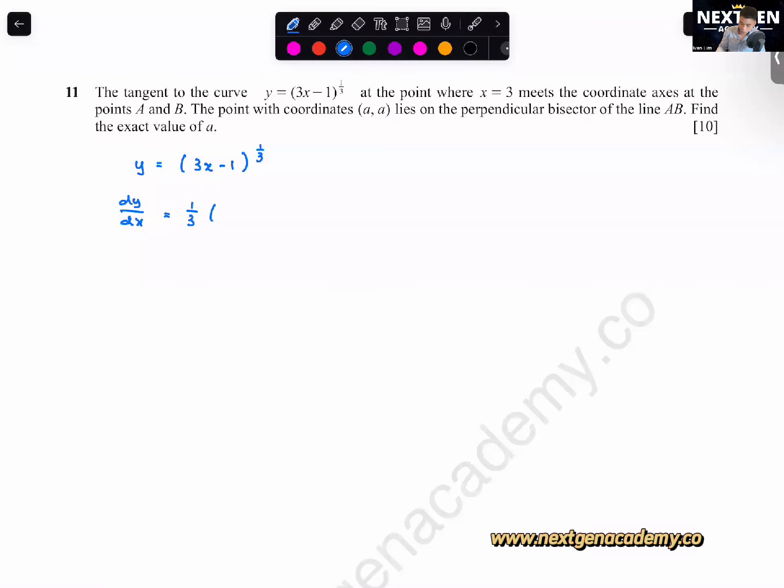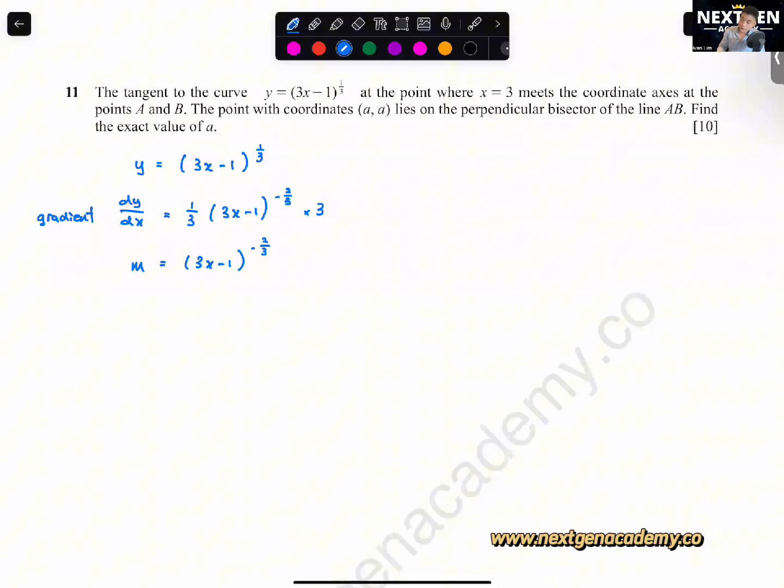This is a chain rule. So 1 over 3, (3x minus 1) to the power of negative 2 over 3, times 3. Okay, can we simplify this? Okay, this will be my gradient. This first thing is the gradient. I just write it as m, which is (3x minus 1) to the power of negative 2 over 3.